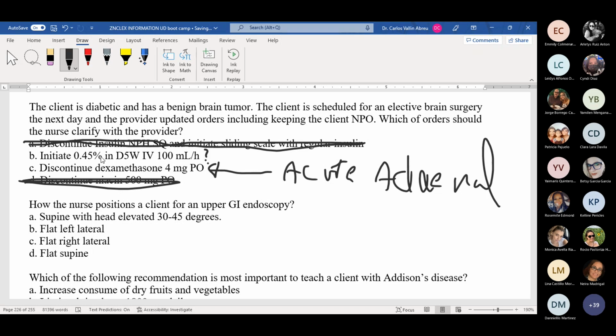One option is a risk. Risk refers to the future, no? The risk of favoring the development of brain edema in this client, while the discontinuation of dexamethasone has a possible consequence of acute adrenal insufficiency.